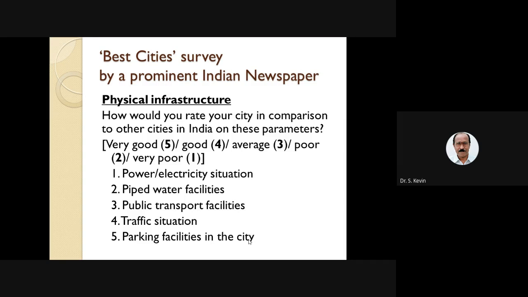Now, try to answer this question. Try to answer this question. You take your city and try to give the 5 or 4 or 3 for each one. You have to give an answer: for electricity, for piped water facilities, public transport, traffic situation.